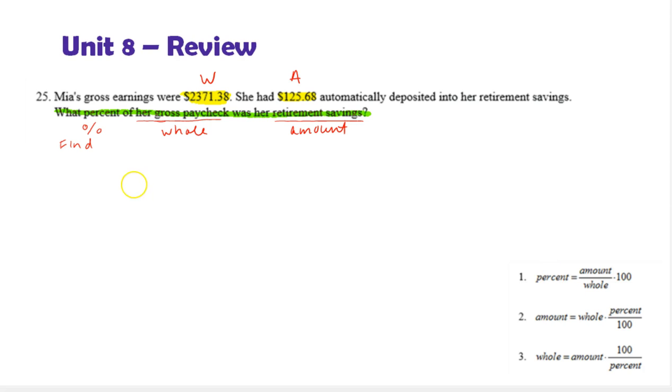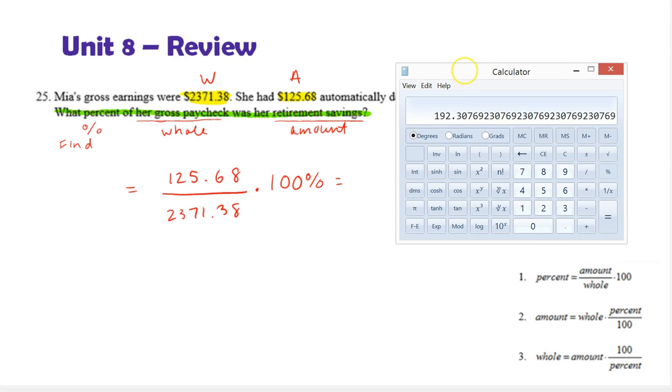So the percent equals the amount divided by the whole, and we're going to multiply by 100% because our answer is going to be a percent. 125.68 divided by 2371.38 times 100.